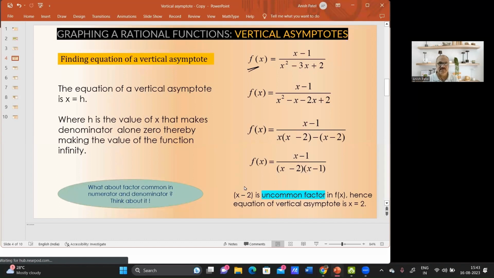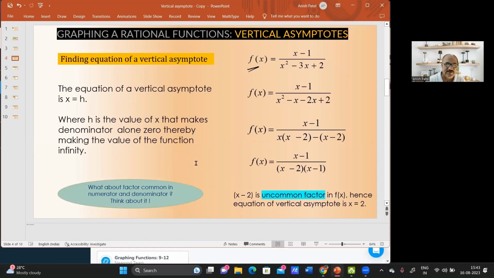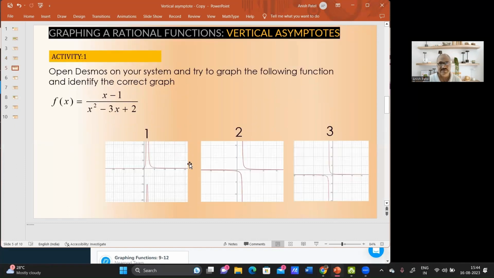So now you can find the equation of the vertical asymptote algebraically. Now again, open Desmos in your system and try to graph this function. Enter that function f(x) equals (x minus 1) over (x squared minus 3x plus 2).